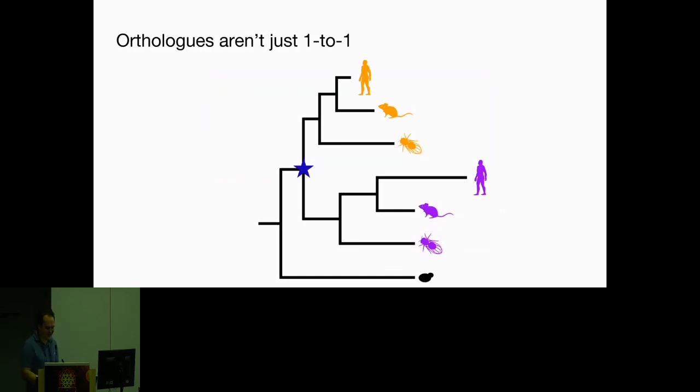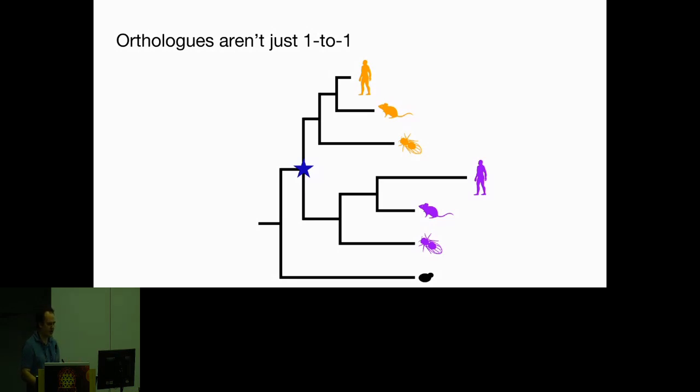Instead, I'm going to talk a bit about how we see orthology and trying to work out which one of those orthologs. When we've got duplication events, the orthology becomes very complicated to work out the correct orthologs, as everyone said.